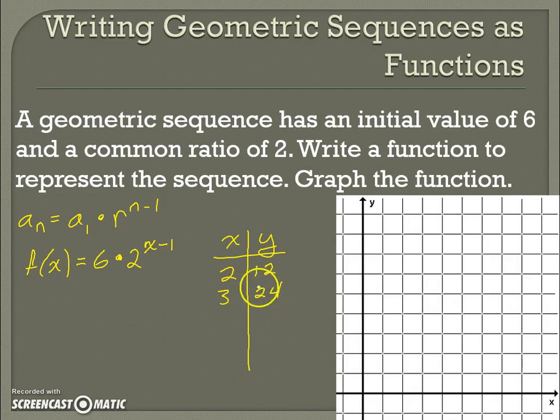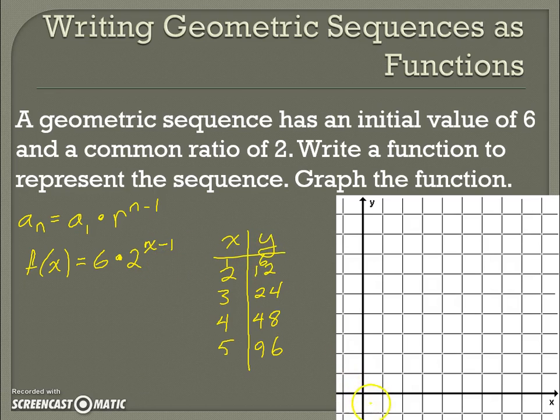If I substitute 4 in, you get 48. And let's go ahead and do 5 too, just for fun. So 5, I get 96. And I should have put in 1, so let's do 1. 1 is just going to be your first term, right? So 1 is the 6. You could try that in the formula. 1 minus 1 is 0, so this is going to be 6 times 1.